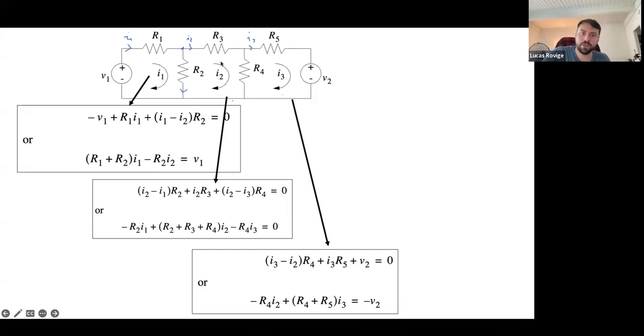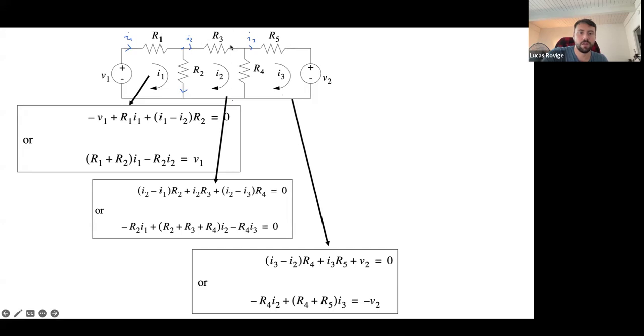We do the same thing in the second loop here. We have the same current here, I2 minus I1, through this resistor, plus I2 multiplied by R3, the potential across this one, plus the potential across that one.